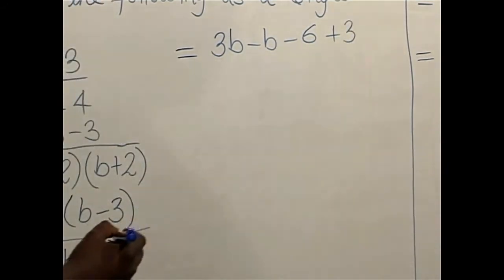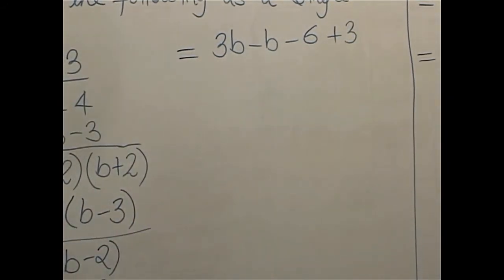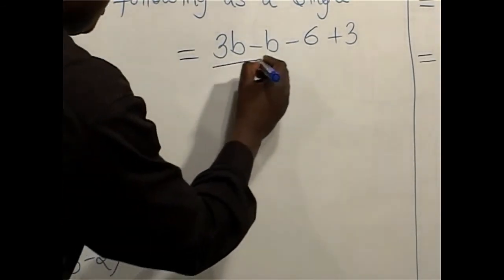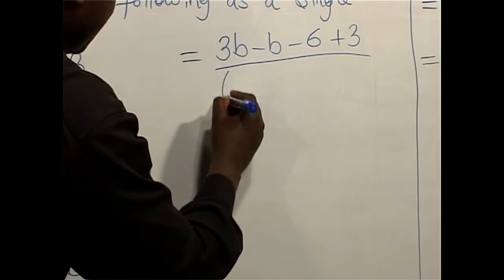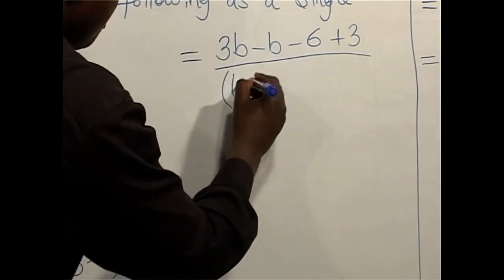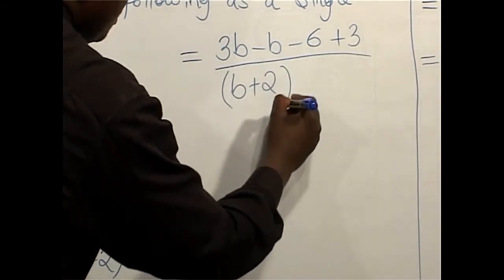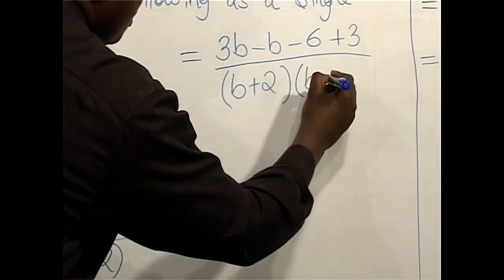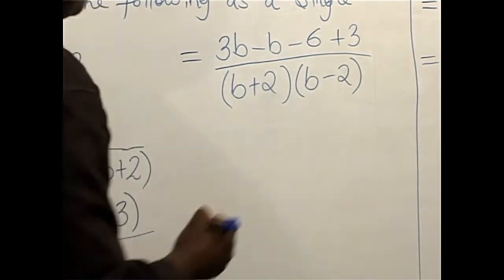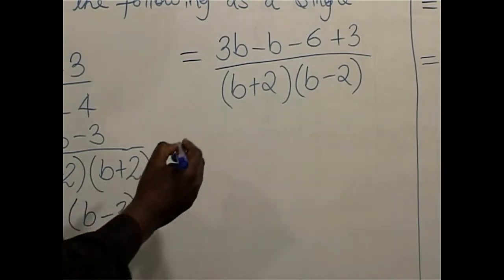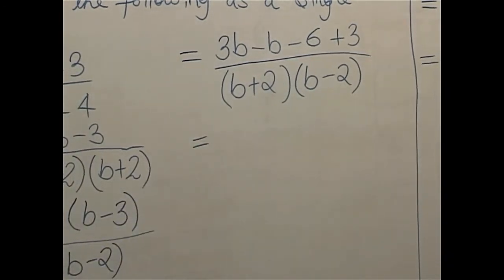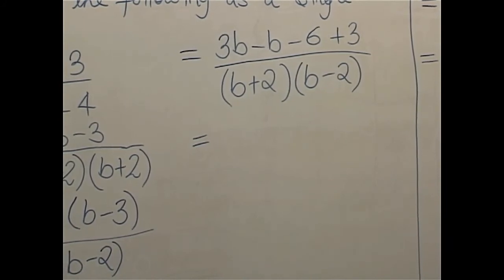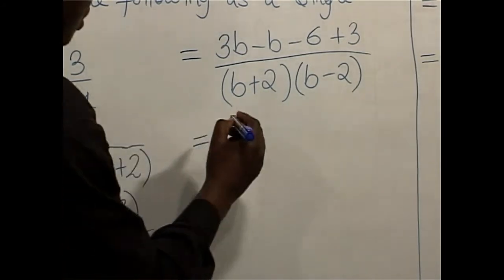When we do that, it means we would have collected the like terms. Of course, the numerator has been done. The denominator is going to be b plus 2 multiplied by b minus 2. Then we get to simplify the numerator. 3b minus b will give us 2b.